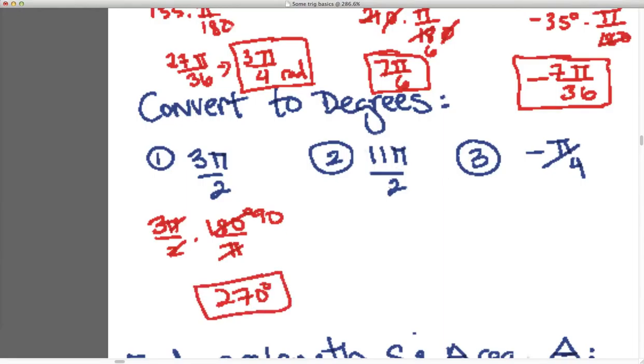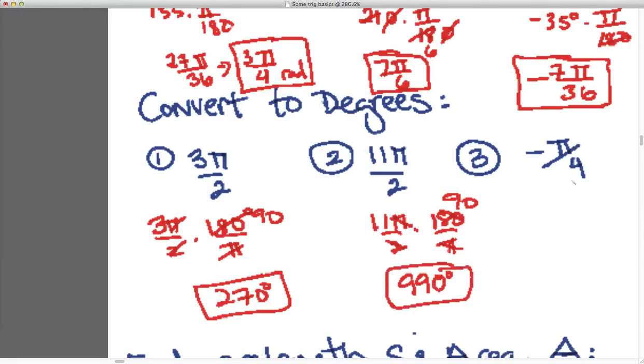And then if we did 11 pi over 2, that would be the same procedure. So that would be what, 9 with a 0. And then this one would be negative 45.